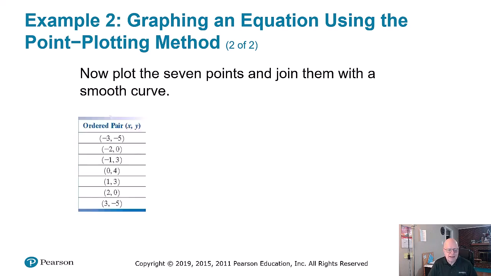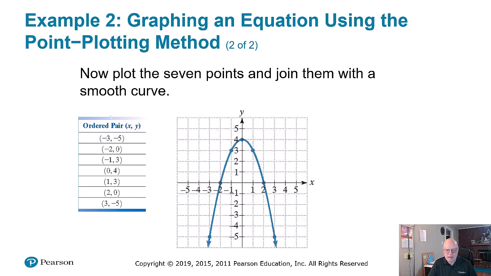In this case, this is what we had: (-3, -5), (-2, 0), and so on, those 7 points. Plotted, there we go, those are the 7 points. And smooth in what we can tell is the curve. It's not a straight line, so of course you have to use your artistic ability, whatever exists in you, and create that smooth line.